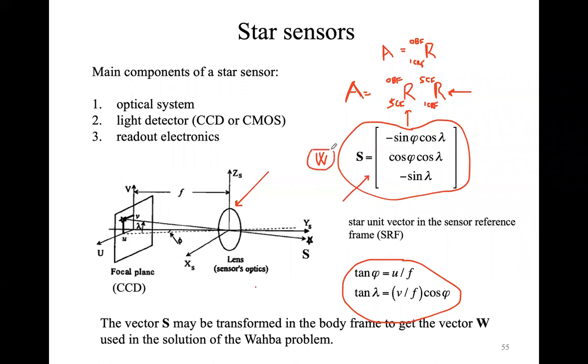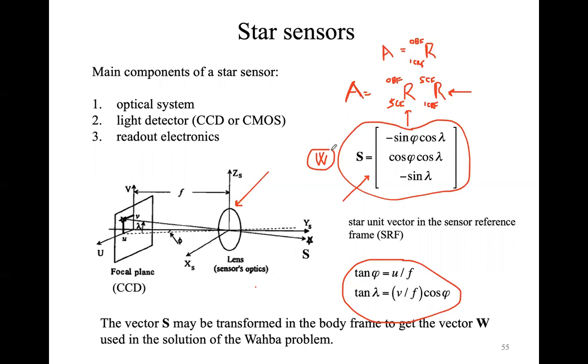It is called S, as I said, because W in principle is the vector of the stars in the body frame. S is considered to be the versor of the star in the instrument reference frame.